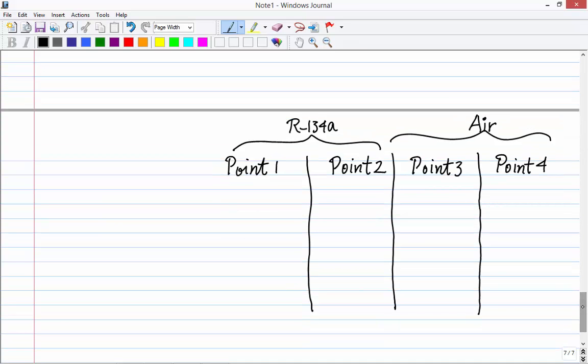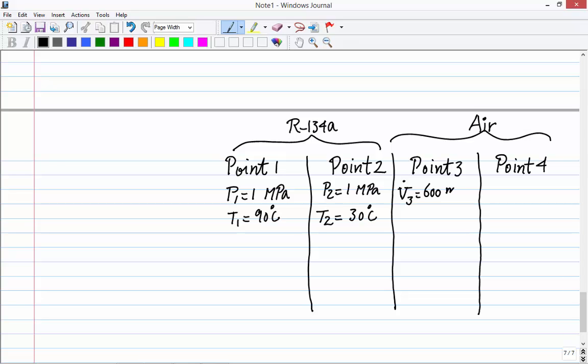What do we know? We know that pressure at point 1 is 1 megapascal. We know temperature is 90 degrees C. At point 2, the pressure is given in the text, 1 megapascal, and T2 is 30 degrees C. At point 3 we have the volumetric flow rate, V dot 3, which is 600 meters cubed per minute.